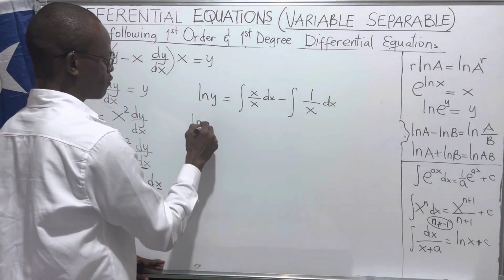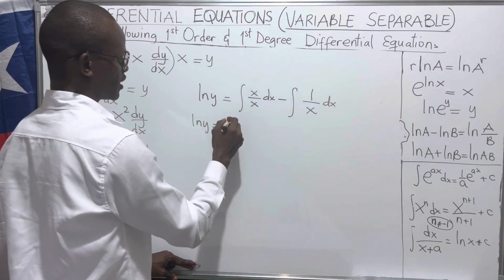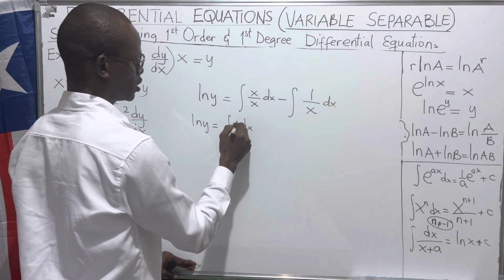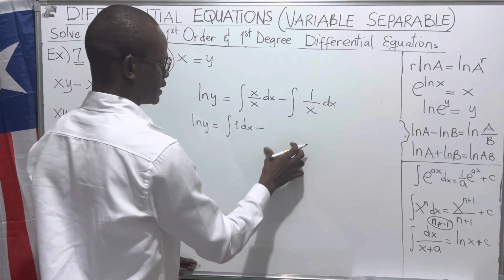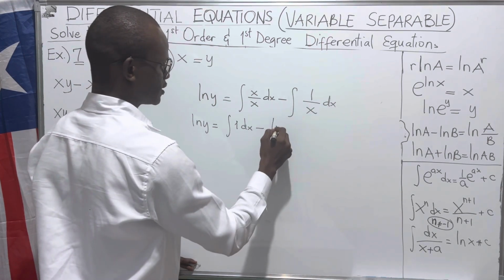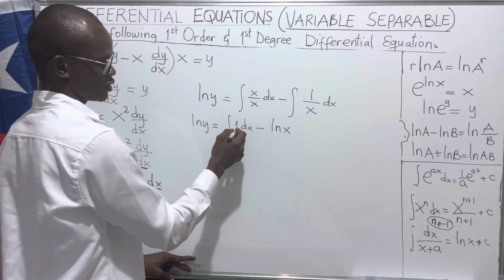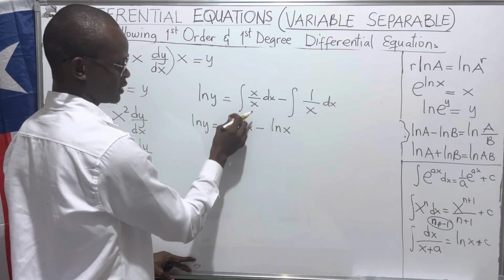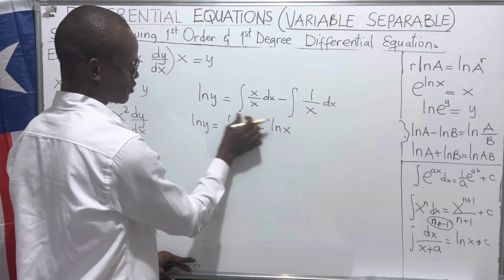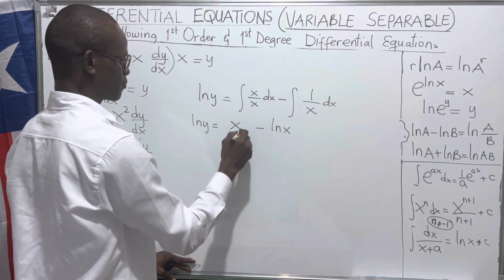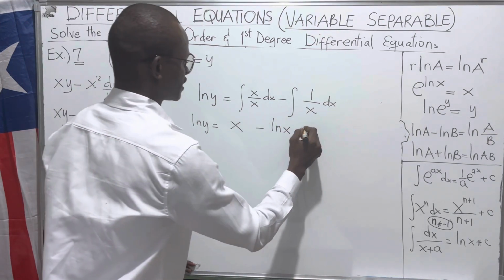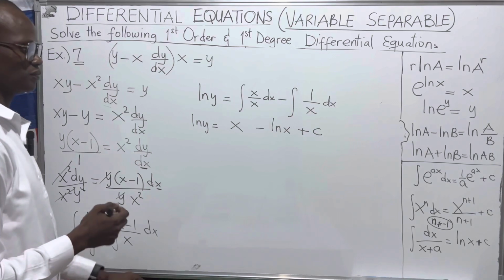So you have ln of y equals, now x over x is just 1, minus the integral of 1 over x is just ln of x. The integral of dx is just x. So I'll just put x, and then we attach plus some arbitrary constant c.